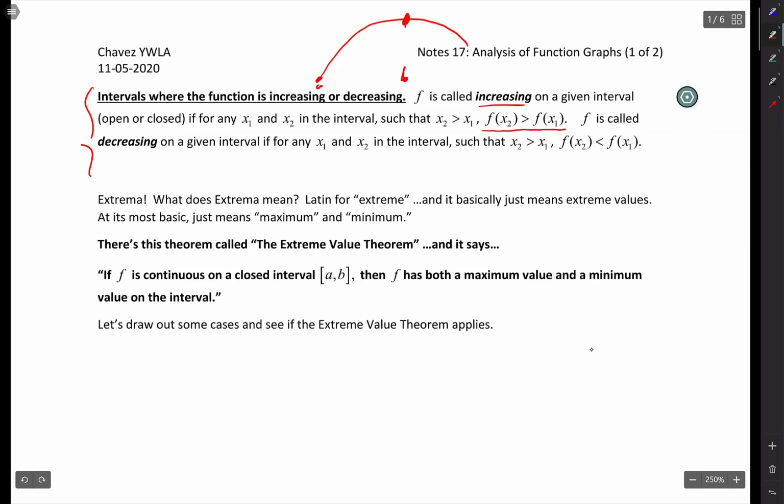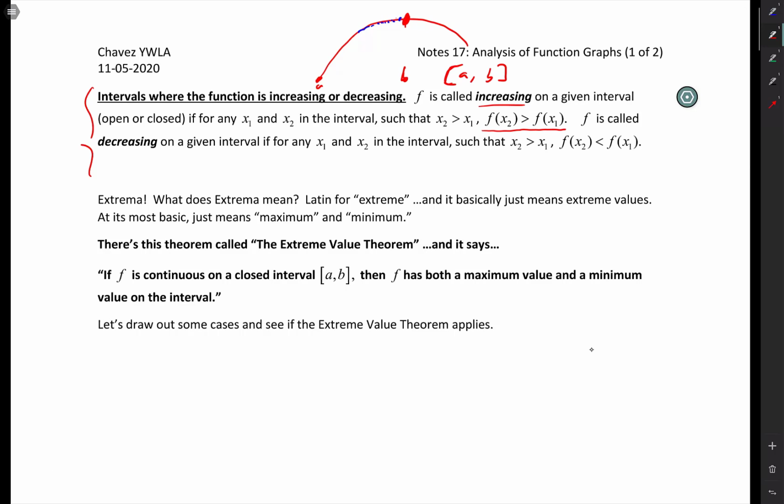The definition is saying you're increasing as long as you're moving left to right, as long as point B is bigger than a point to the left of it. And it is. The point in red is bigger than all these points in blue. See, so you would say increasing on A to B with a bracket and not a parenthesis.